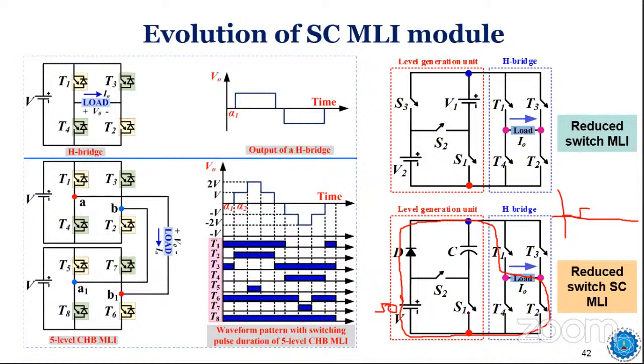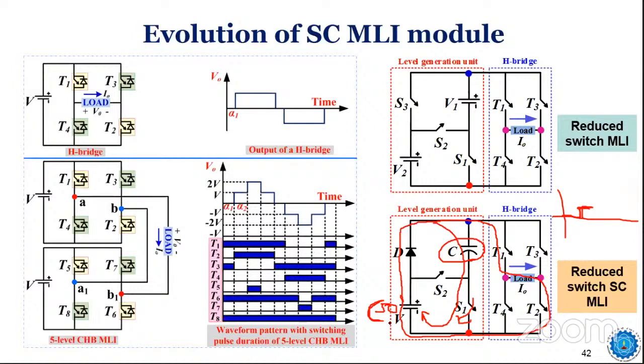At the same time, if I switch on S1 also during this first level only, what will happen? Some current will also flow through the capacitor through the switch S1. Yes or no? Yes. Because of that, this capacitor will be charged to the input voltage of 50 volt. Very interestingly, the capacitor is now connected in parallel with the input voltage source, right?